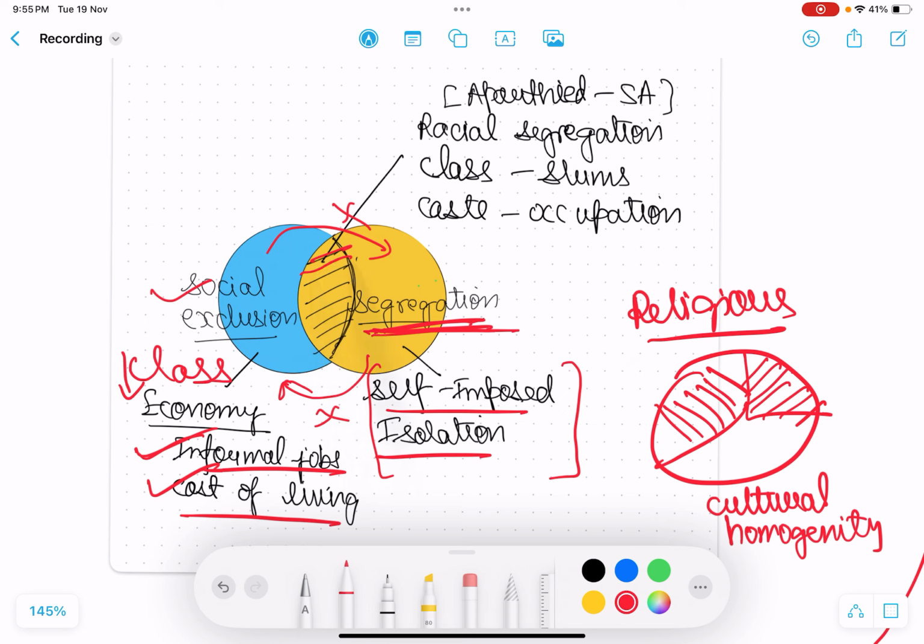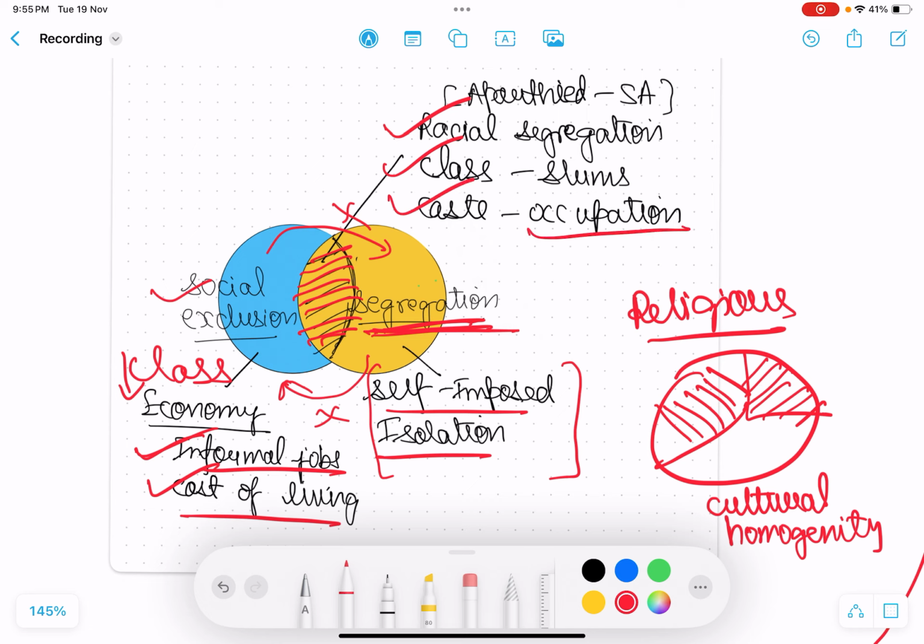And then there is the overlap area, which is both segregation and social exclusion, which is quite common the case. So again, racial segregation in South Africa, slums segregation, as well as social exclusion for a lot of people, that is a result of social exclusion. And caste-based occupation, right?